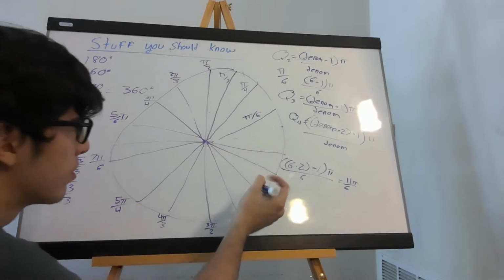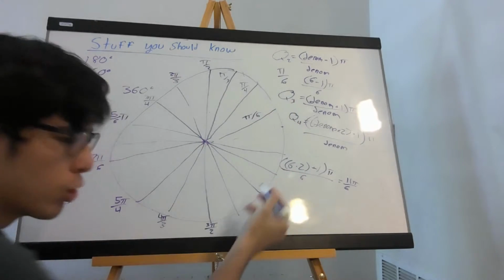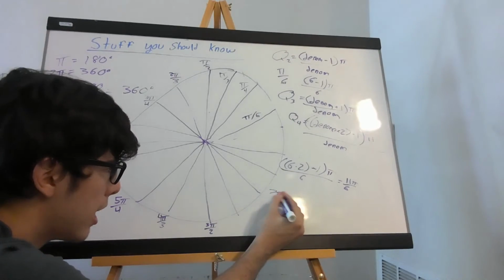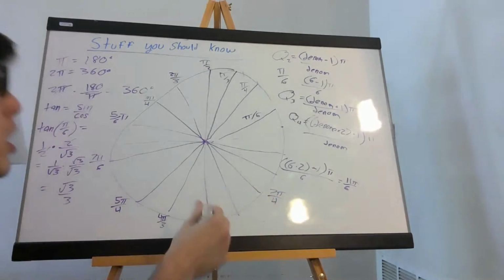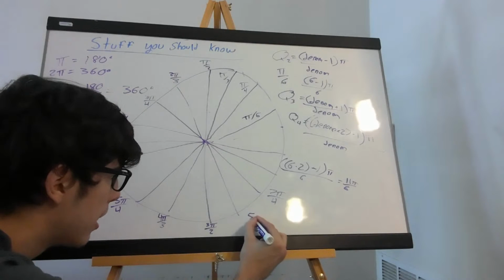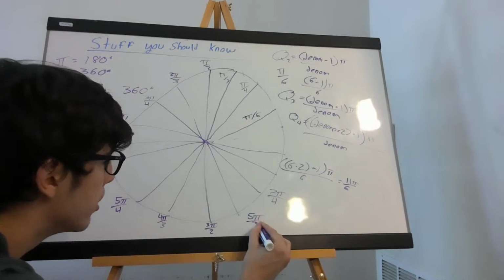And the same works for the rest of them, like pi over 4, 4 times 2 is 8, minus 1 is 7. So we get 7 pi over 4. Then we got 3 times 2 is 6, minus 1 is 5, so we get 5 pi over 3.